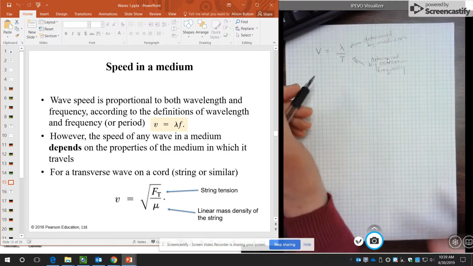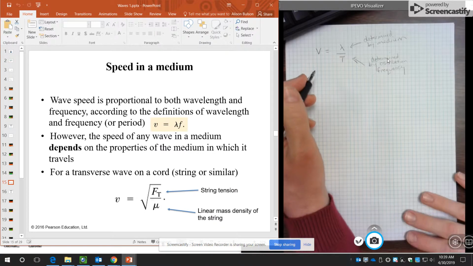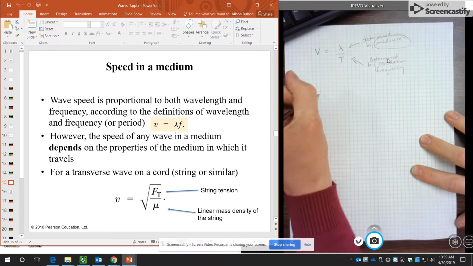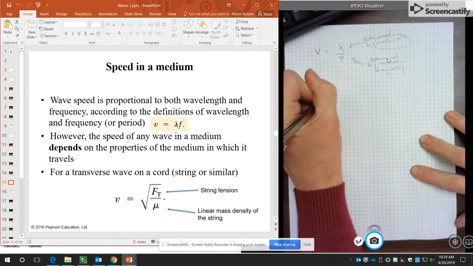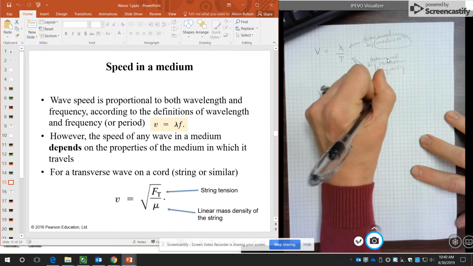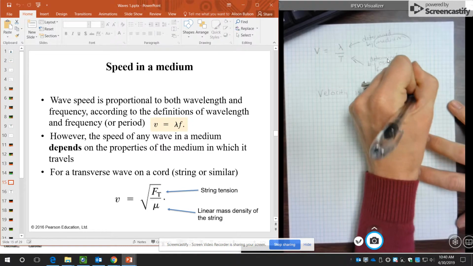So wave speed is proportional to wavelength and frequency. However, the wave speed is not determined by wavelength or frequency. Instead, the wave speed is determined by the medium properties. So the velocity is determined by properties of the medium.